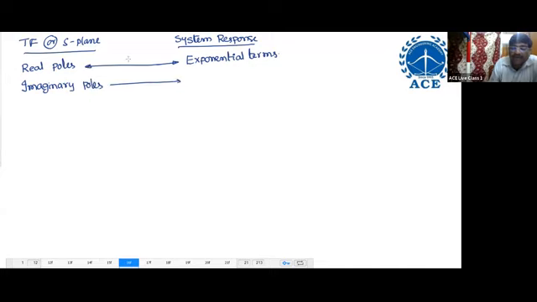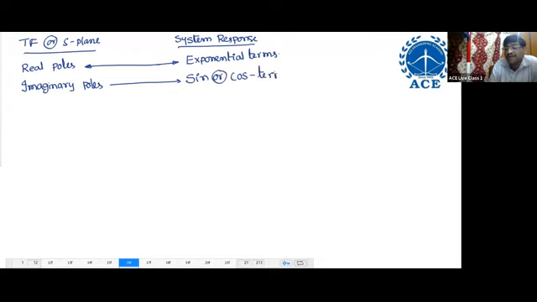One more thing: if you see the exponential term, then you should say the poles are real, and based on the exponential power, you should say the location of the real pole. If you see an imaginary term, it is an imaginary pole, and the system response consists of sine or cos terms.